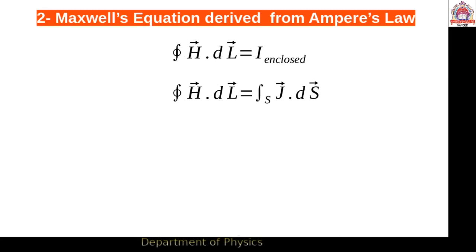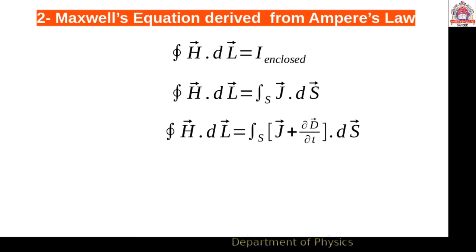This equation can be made further general by adding the displacement current density to the conduction current density. So the closed integral H dl is equal to the surface integral of J plus dou D by dou t dot dS. This is the equation derived from Ampere's circuital law.